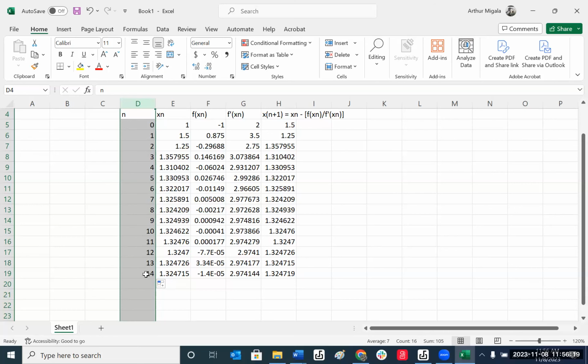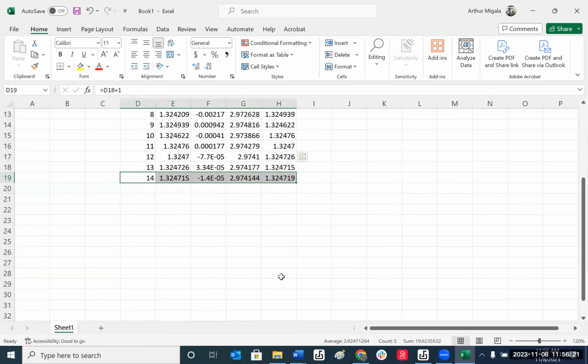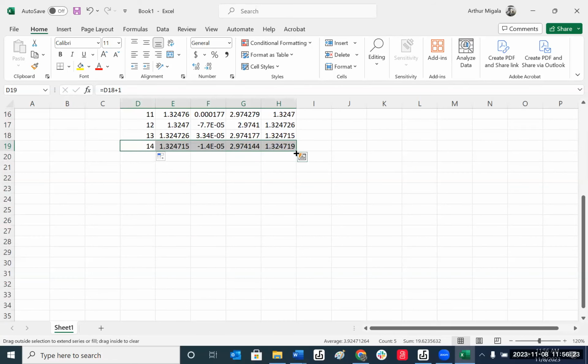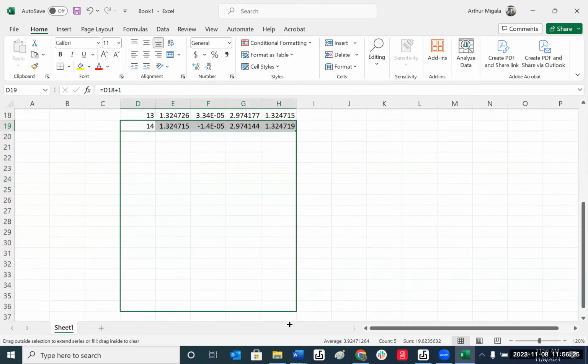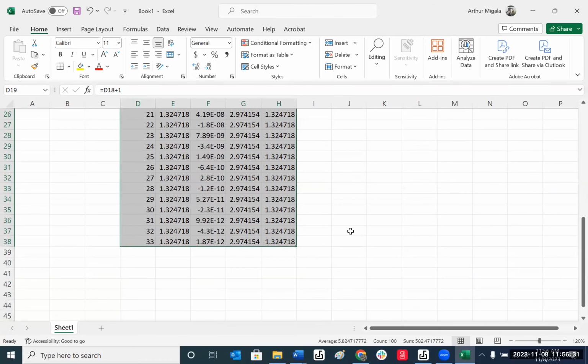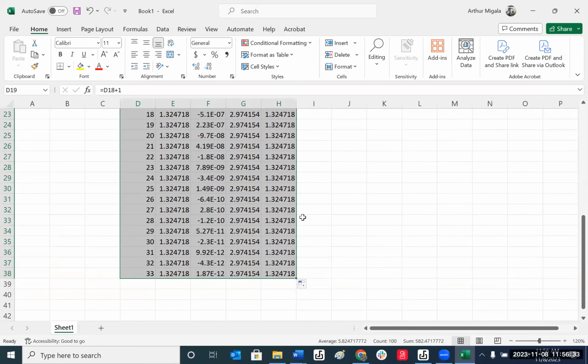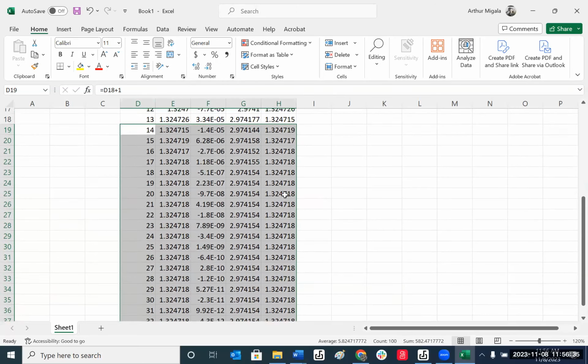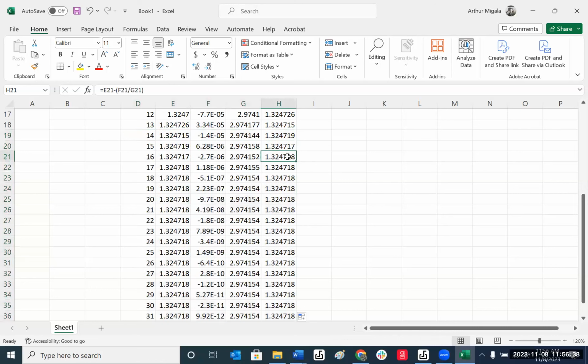Let's see what happens further. You see a pattern there? It really stops changing after, yeah, at 15 or 16, right? So that's our solution.